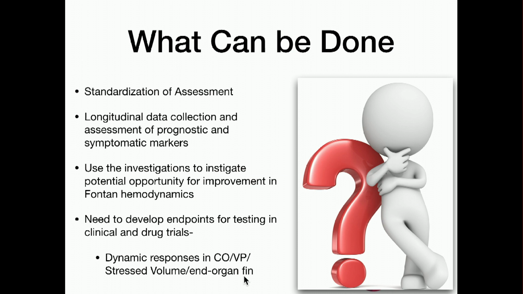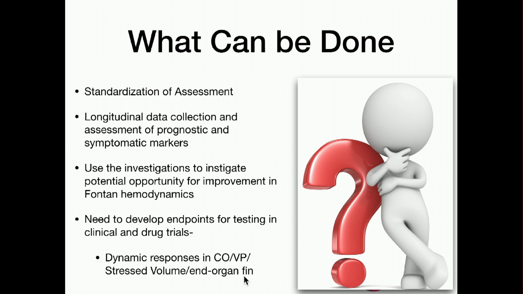So I'd like to conclude then and say, what can we do about this? And we are very much at the early phases of really appreciating a systemic disease burden. So standardization of assessment, and I know there's a number of groups working on this. Again, your co-chair, Dr. Reichik, and many other folk are working on standardizing this assessment.